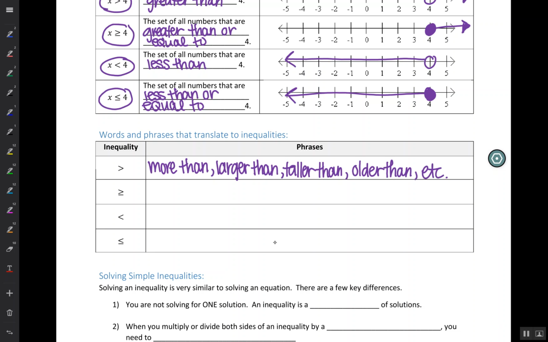All right, greater than or equal to. There's one specific phrase I want to make sure that you understand, and that is at least. At least means greater than or equal to. So for example, if your mom says you must do your homework for at least 2 hours, and you do your homework for 2 hours exactly, that meets the conditions.